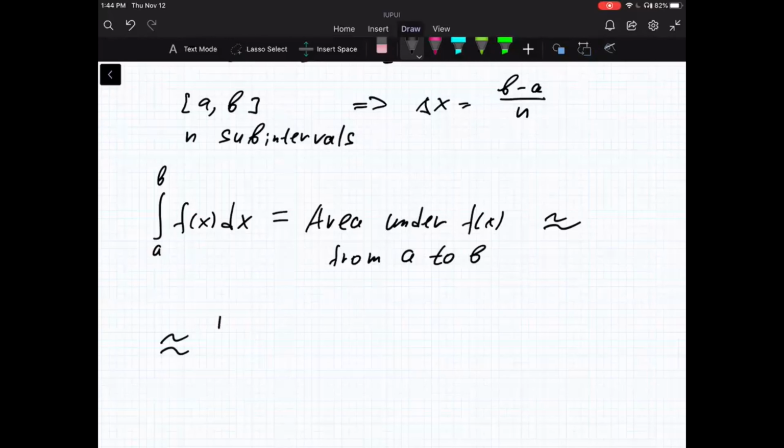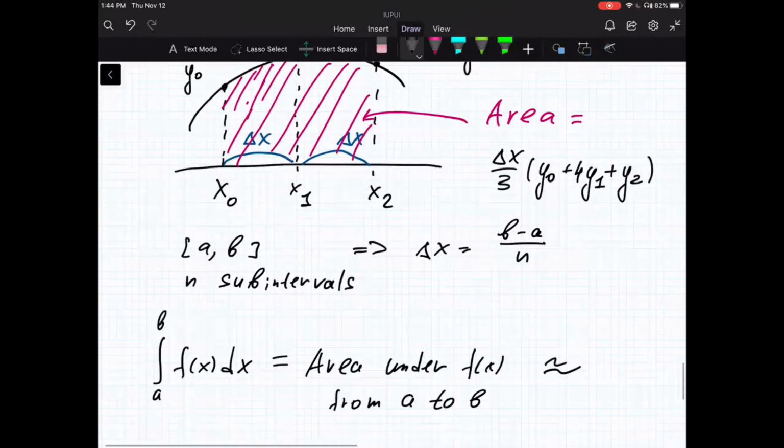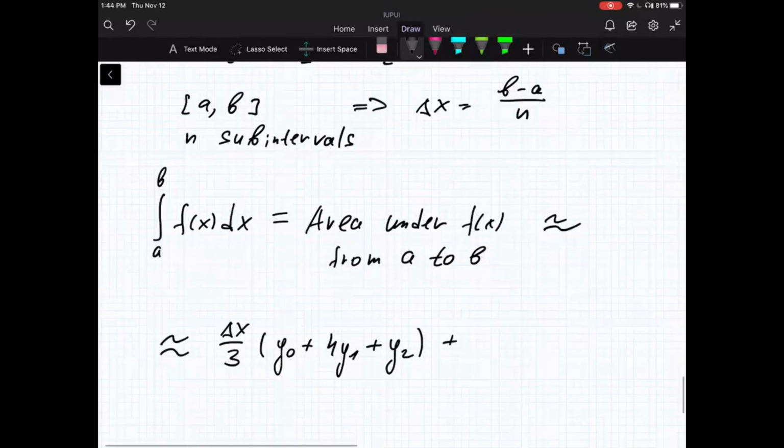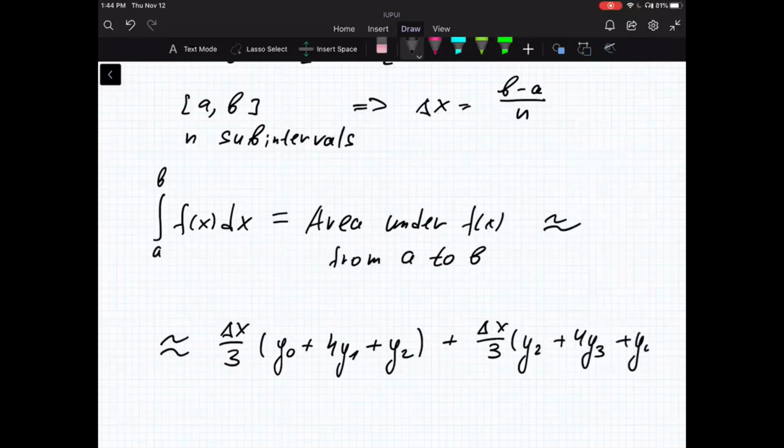So the first parabola gives you delta x over 3 times, as we just discussed, y0 plus 4y1 plus y2. The second one, now starting with y2, then 4y3, and the last one is y4.